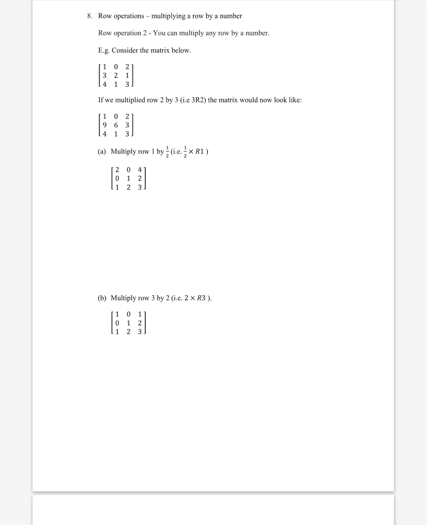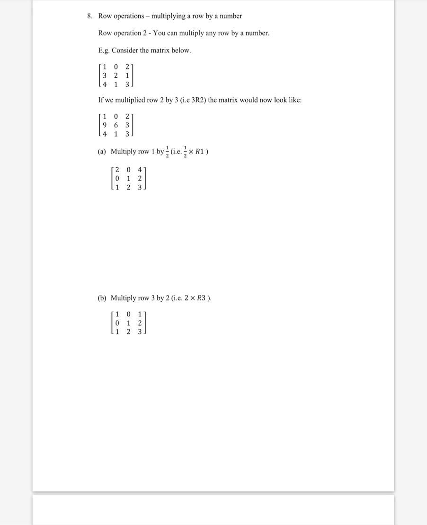In question 8, when we're doing row operations, we can also multiply any row by a number. So you can double a row, triple a row. If you go back to solving equations simultaneously, one thing you did to solve them was to multiply, like doubling a row, so you could use the elimination method, for example.